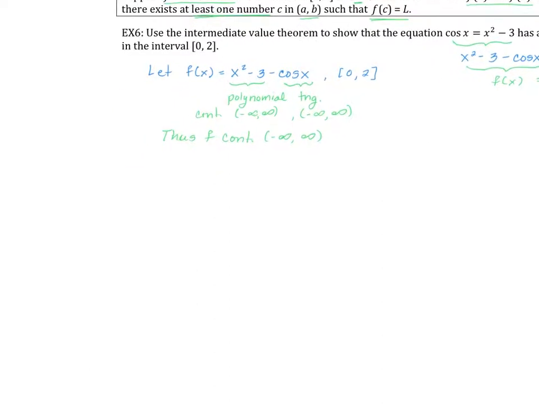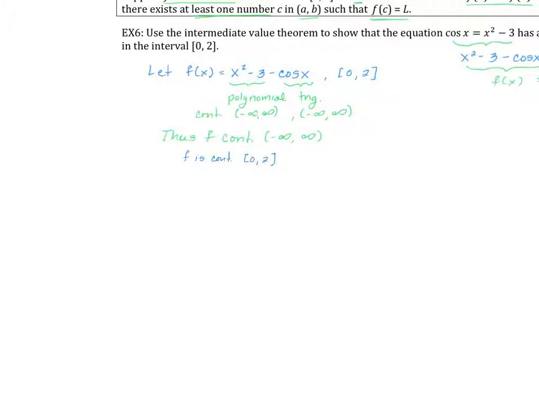So since our function f is continuous from negative to positive infinity, clearly f is continuous on the interval from 0 to 2. Okay, so we defined our function. We showed that it was continuous. Now we have to look at f of A, f of B.